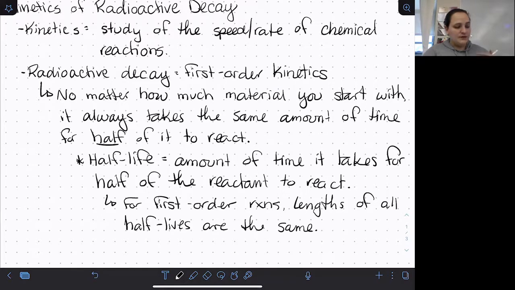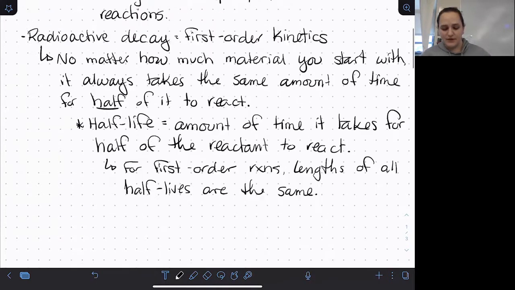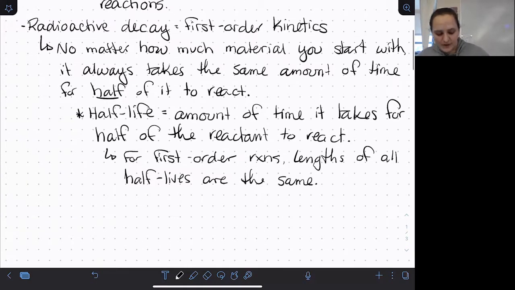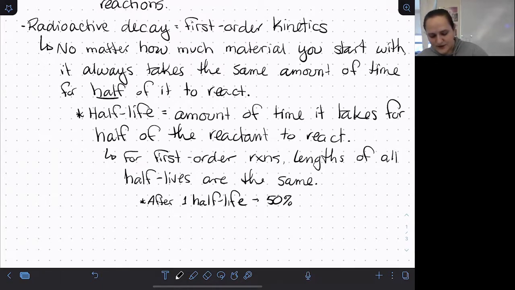So what this means is that every half-life you're cutting your amount of stuff in half every time a half-life goes by. So after one half-life, 50% of your original material remains.